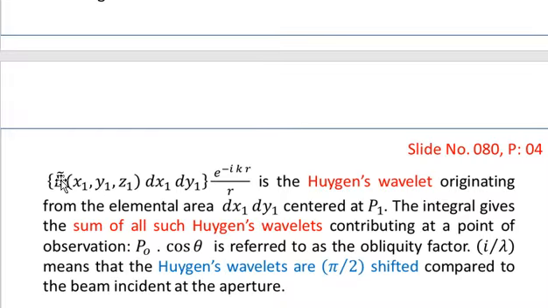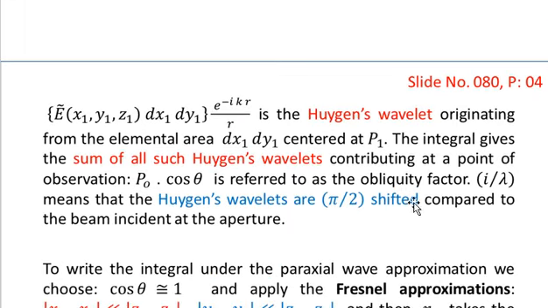where E prime multiplied by dx1 dy1 divided by r is the amplitude of the spherical wave, and the phase of the spherical wave is e to the power minus iota kr. So the overall term can be regarded as the Huygens wavelet. The integral gives the sum of all Huygens wavelets contributing at the point P naught.